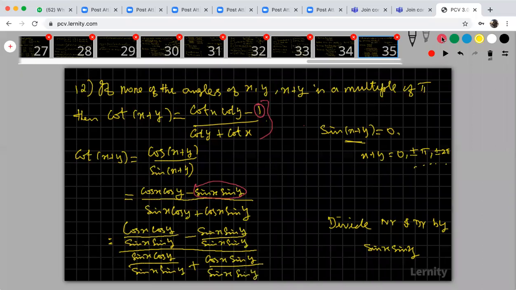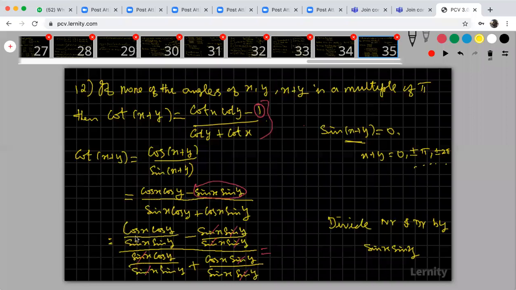Now look at that. Here nothing can be cancelled, because cos x by sin x is cot x and cos y by sin y is cot y. But here I can cancel everything. Here sin x can be cancelled, and here sin y can be cancelled. So write the remaining.